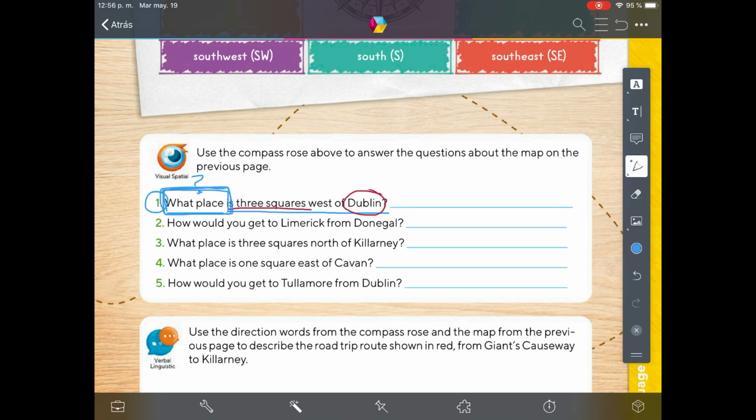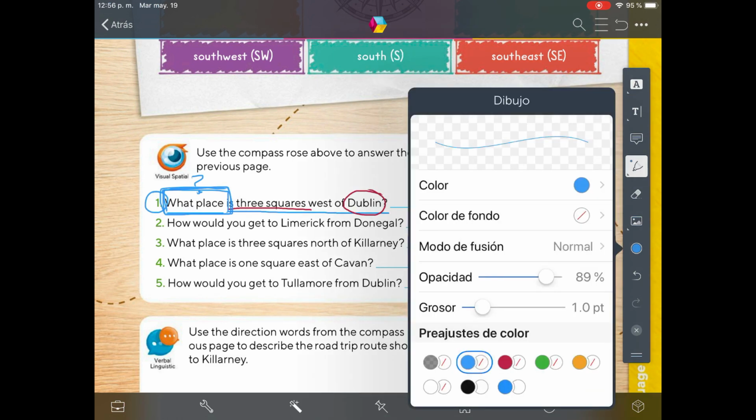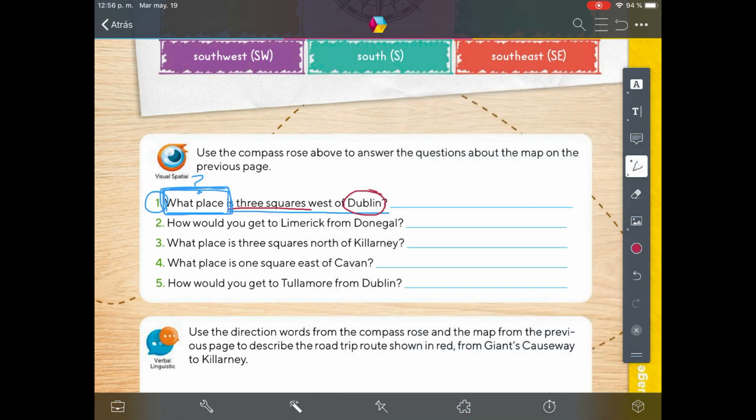Let me get my color. Now, Dublin, we know, we found it. We know where it is. But that place, we don't know. We don't know that place. 3 squares, I'm going to mark it. And west, that's the direction we're moving to.